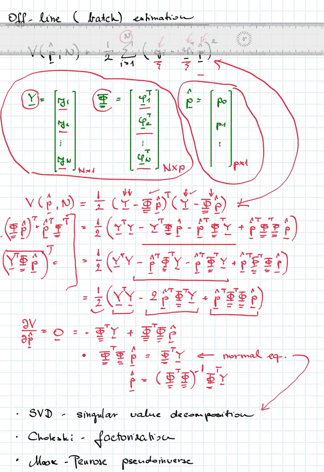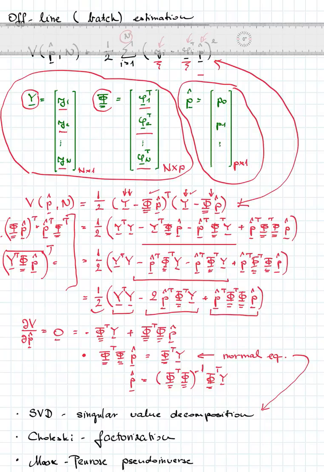The first is SVD, the singular value decomposition of the matrix phi transpose phi. The second is, for example, the Cholesky factorization, and there is the well-known Moore-Penrose pseudo-inverse, which can be done by many software tools.